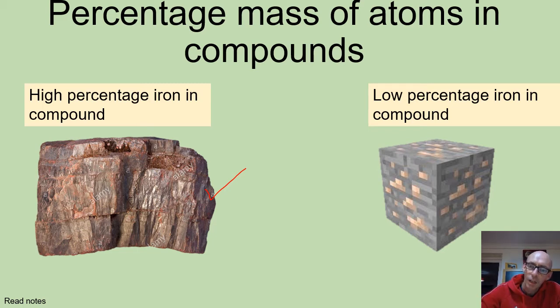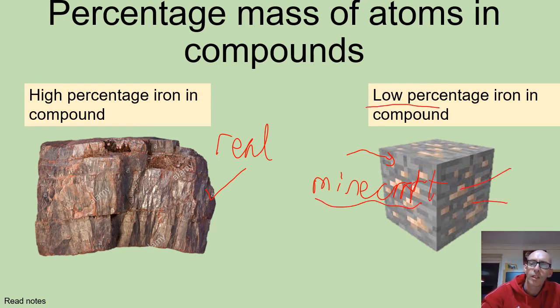And this is from a world where you spent a lot of your time, or did when you were slightly younger, Minecraft world. Not much brown in here, so we could say this has a low percentage of iron, whereas the real world one has a high percentage of iron.